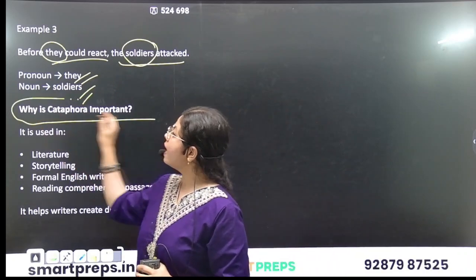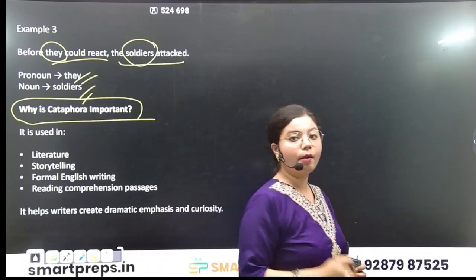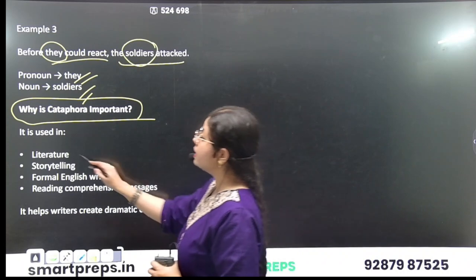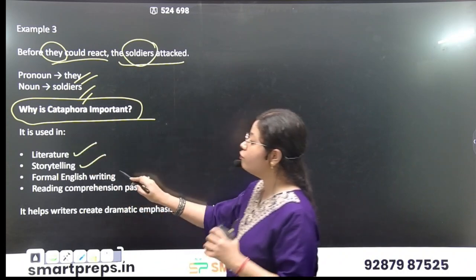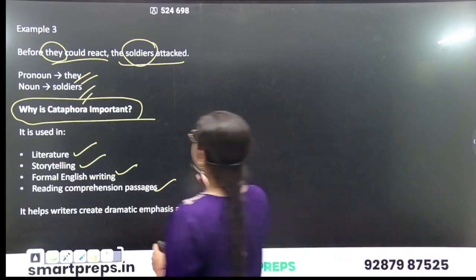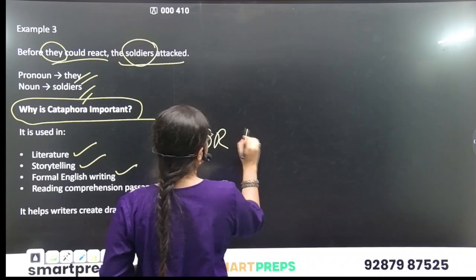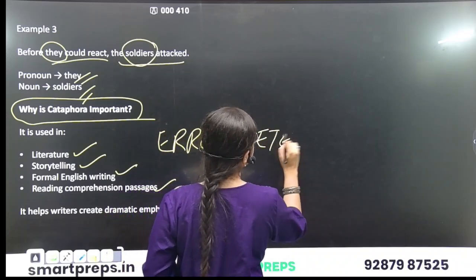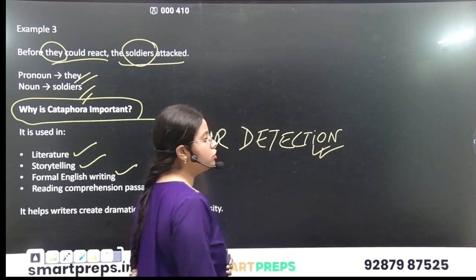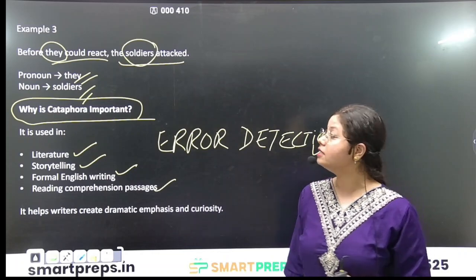Now let's understand why exactly cataphora is important in English grammar. Why are we learning what is cataphora? Because it is used in literature, storytelling, formal English writing, reading comprehension passages. Also in error detection, which is the most important part of competitive examinations, where we have to exactly detect where the error is in the sentence.